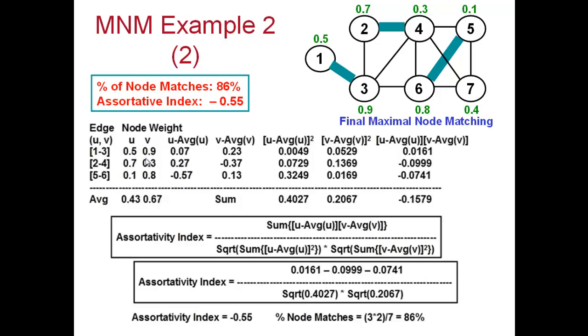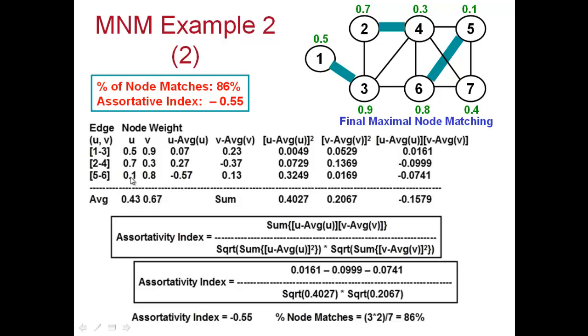So let us go through the calculations now. We went through it earlier today and last class also. So the first step is to find the average. Now we are not doing it with node degree, we are just doing it with the node weights given on this graph. So find the average of these values, which is 0.5 plus 0.7 plus 0.1 divided by 3.